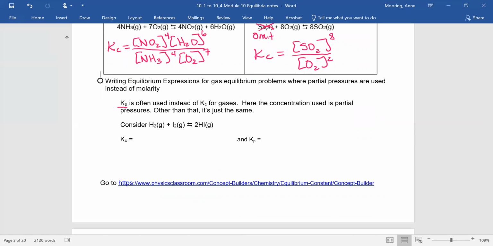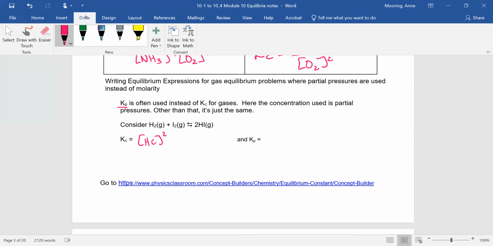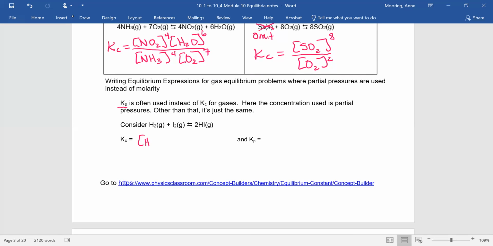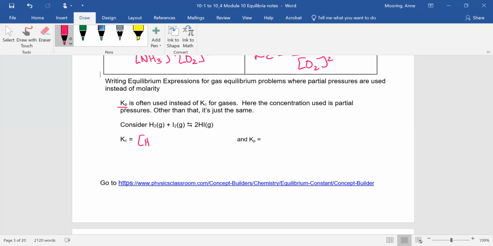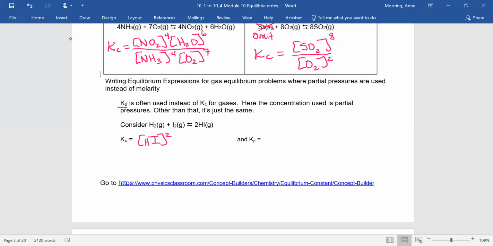If the concentration was given to us in molarity, we would write HI squared over H2 times I2.